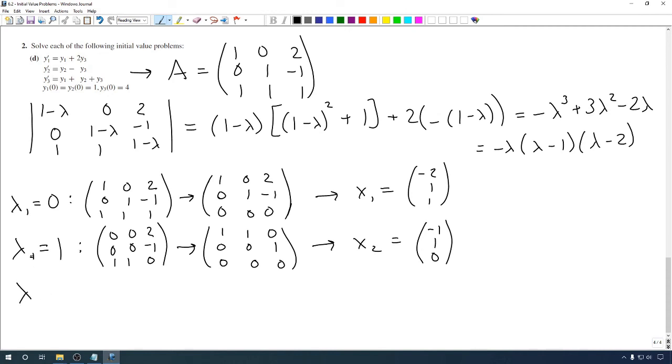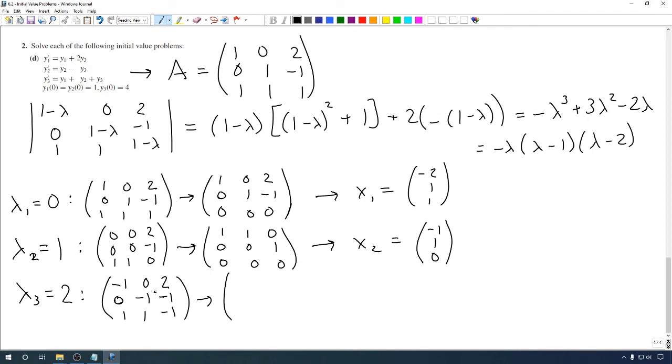Finally, this should have been 2, sorry. Our lambda 3 is 2, which means we subtract 2 from each of our diagonal elements. Now we get negative 1s instead of zeros. Go ahead and do all of our row operations again.